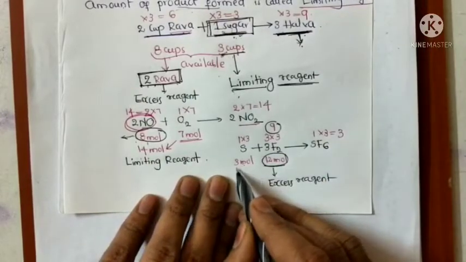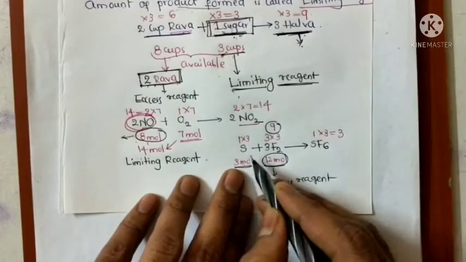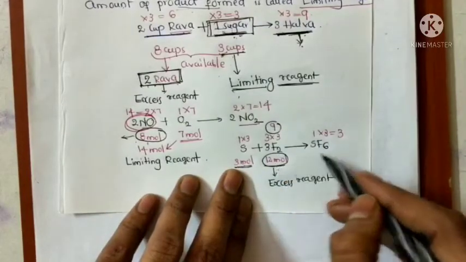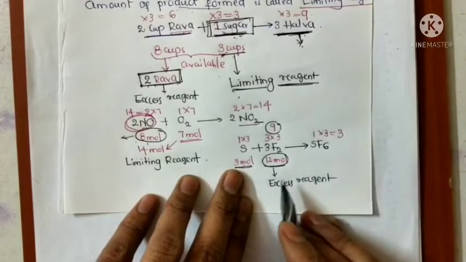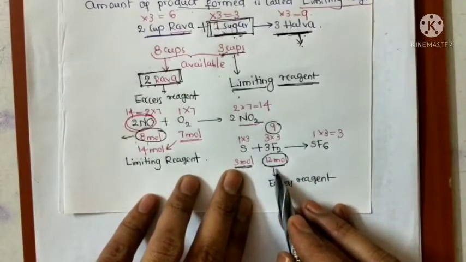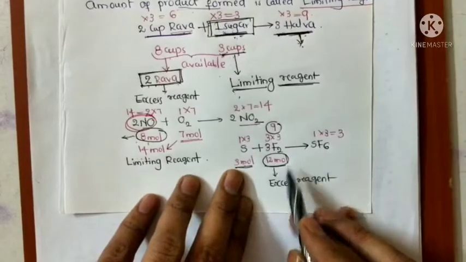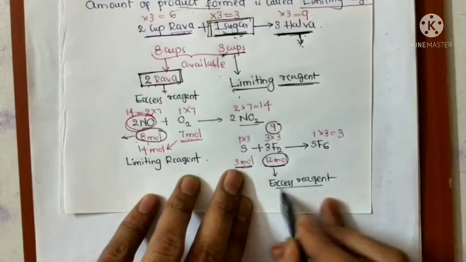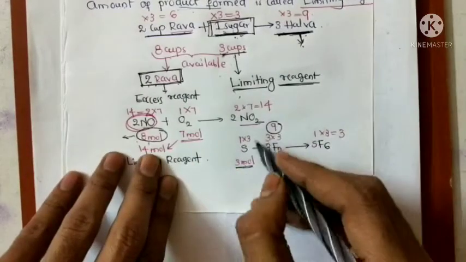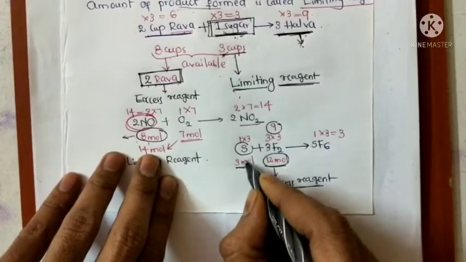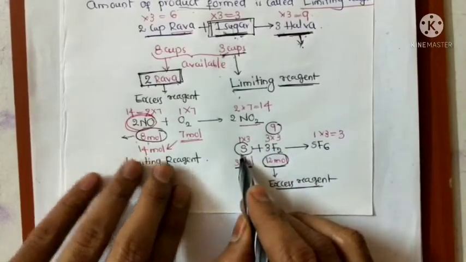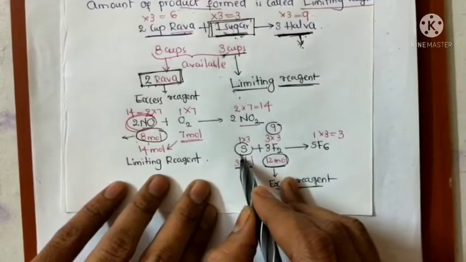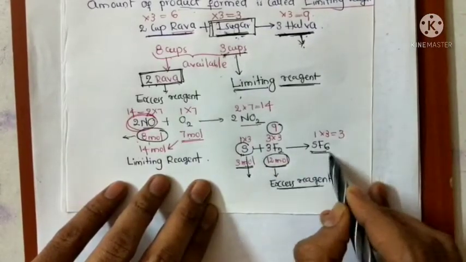Because according to the sulfur, 3 moles require 9 moles of fluorine, which is enough to form 3 moles of sulfur hexafluoride. But in the problem 12 moles are given, that means 3 moles are in excess. That's why it acts as the excess reagent, and sulfur acts as the limiting reagent because it is completely consumed in the reaction and it limits the production of the product.